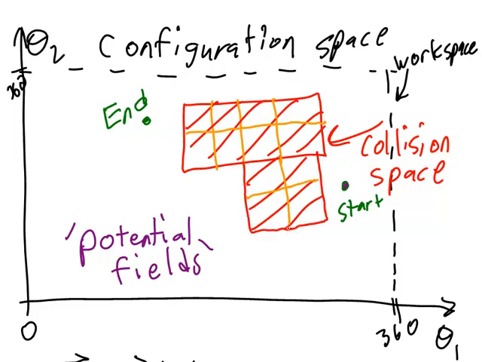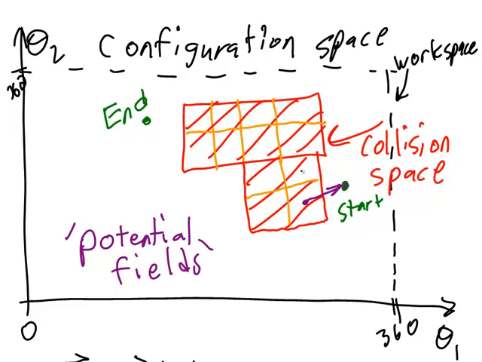Each of these squares of collision space will exert a force on the end effector in the direction between the center of the element and the end effector. And the strength of that force is equal to the vector between the 2 points times W, a weight.